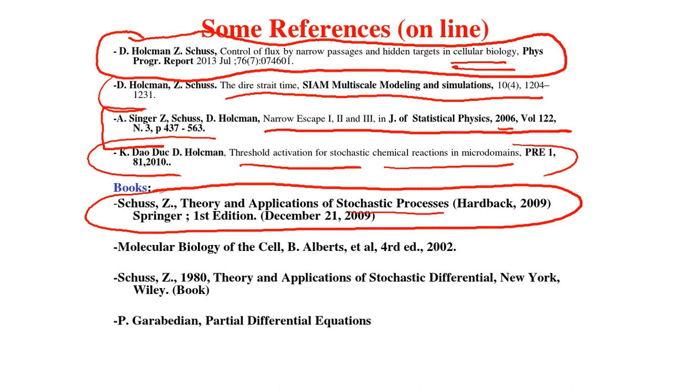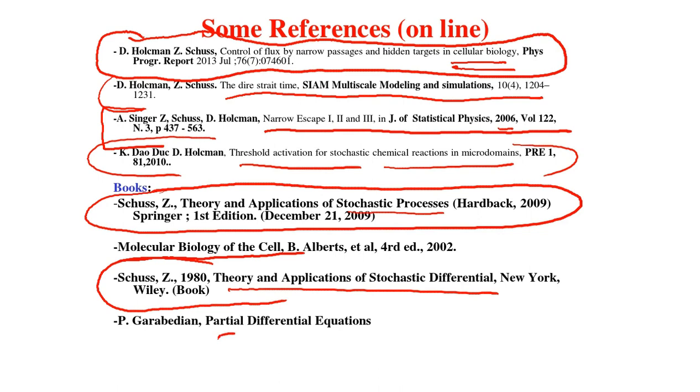A good reference book in biology is the classic Molecular Biology of the Cell. You can also have a look at the book of Schuss from 1980 on the theory and application of stochastic differential equations. For partial differential equations, the classical book of Garabedian will be enough for us, especially for the description of Green's function.